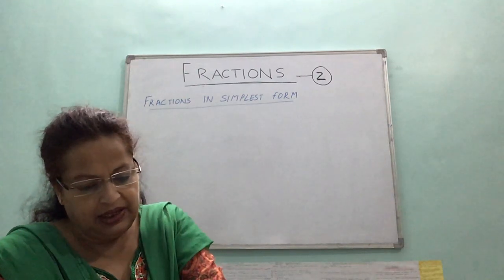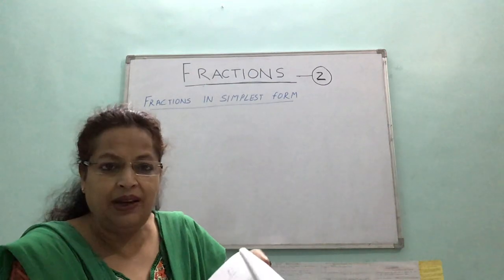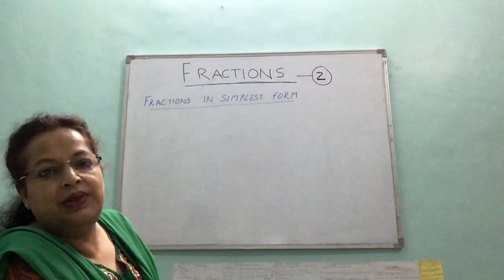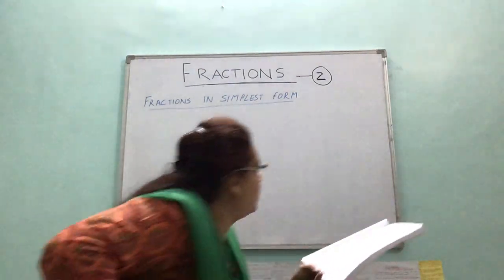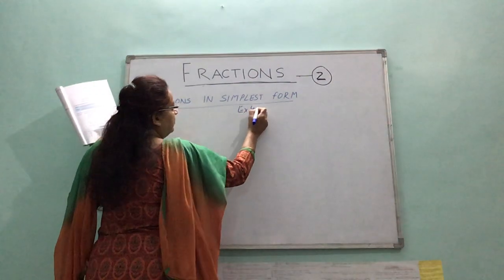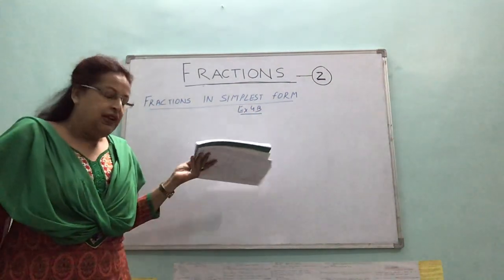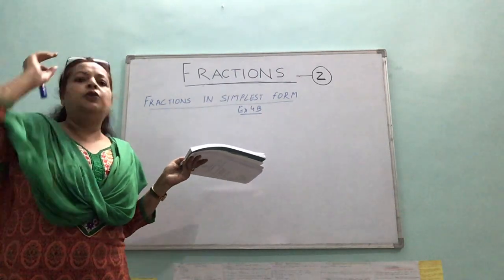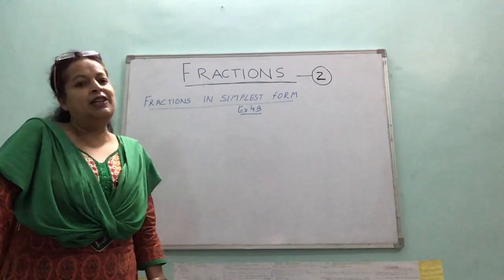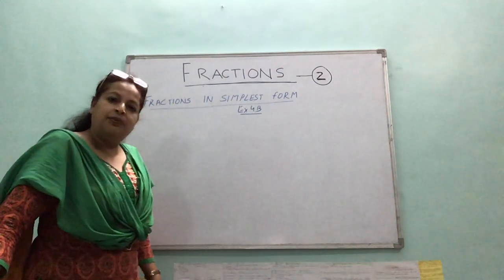I am taking directly exercise 4B, and in that I will be explaining how to change to the simplest form. For those children who have difficulty in finding HCF, we will be doing the HCF method. To find HCF also there are two methods: one is the division method and one is the prime factorization method.